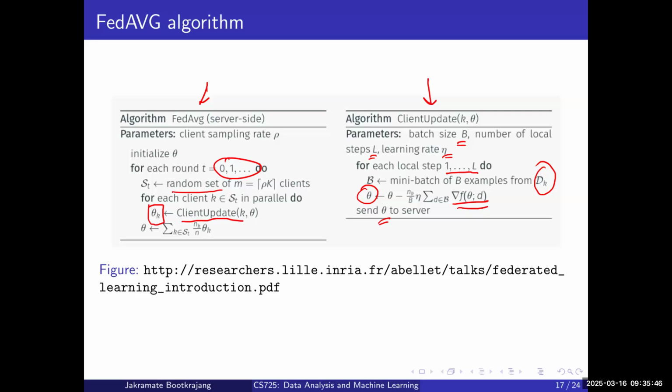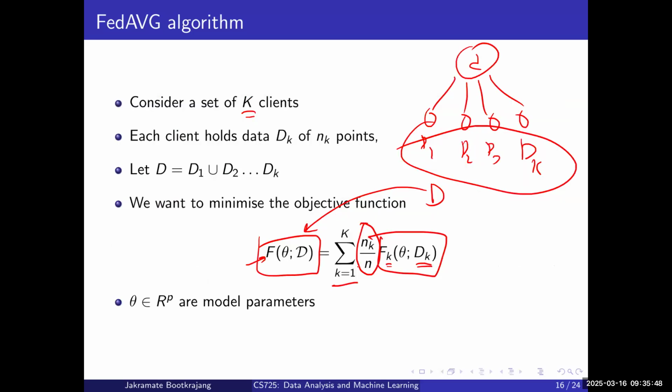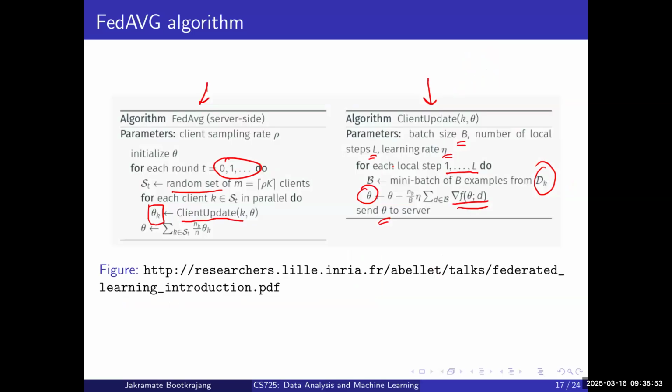And because we set up our objective function with this weight, we will use the same weight when you update your main parameters. So normally you would sum up all of the weights from the clients, but you do a weighted sum, and the weight will be based on the size of the data.